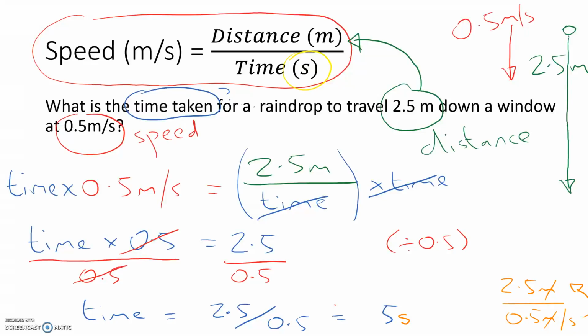Now for all of those last 3 questions, we've used rearranging the formula after we've put the numbers into the right place. But for some of you, you might still prefer to use the triangle method. Now I'd much prefer you to be able to rearrange your formulae without the triangles. That takes some practice.